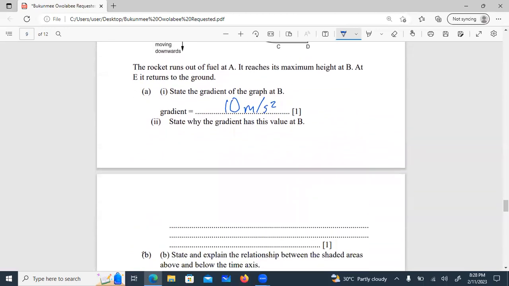State why the gradient has this value. Why does the gradient have the value of 10 meters per second square?